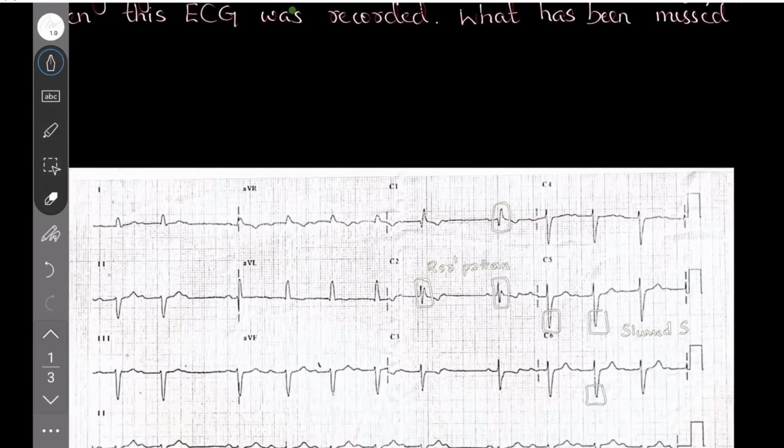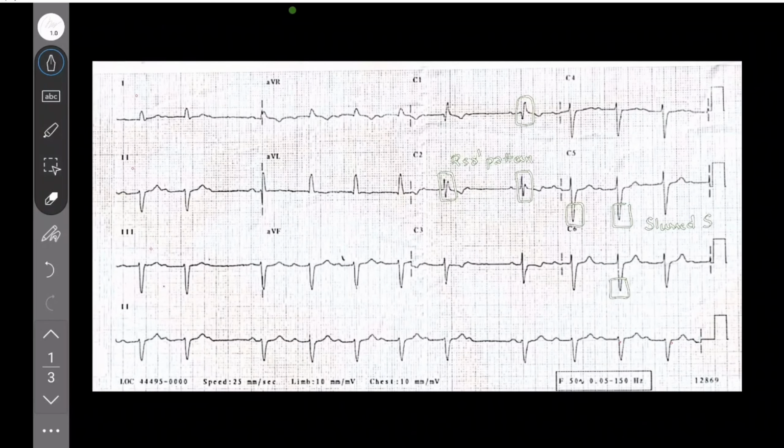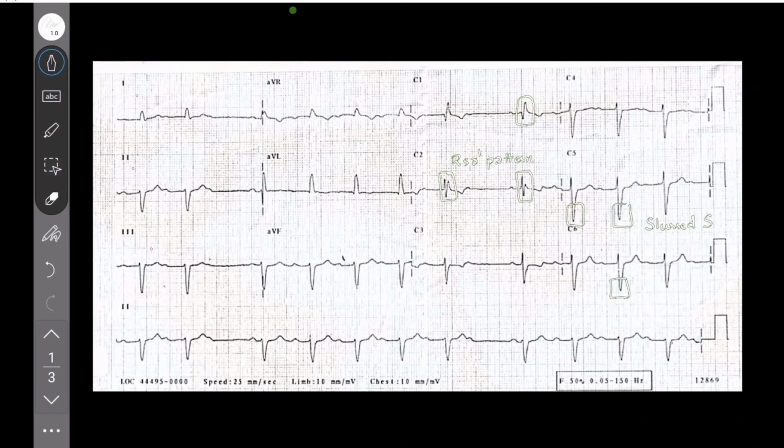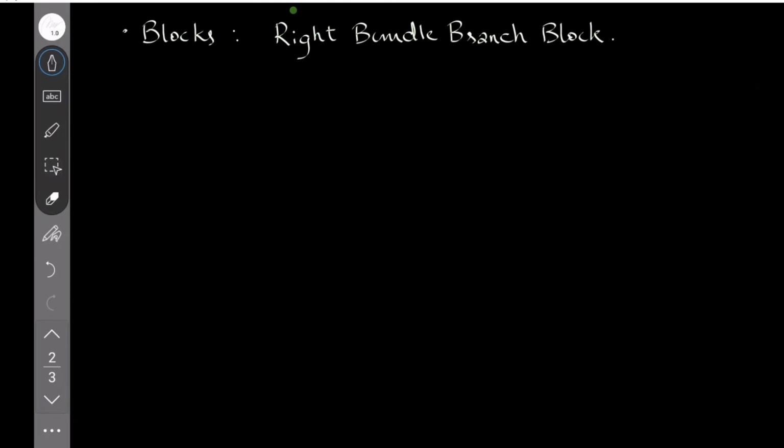Finally, you see in this ECG that this is a case of right bundle branch block, Mobitz type 1, that is second-degree heart block with left axis deviation. So we write the final diagnosis.